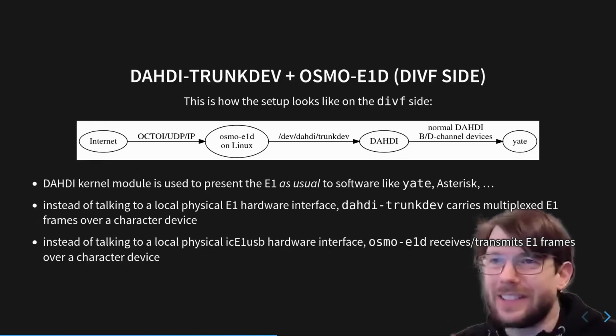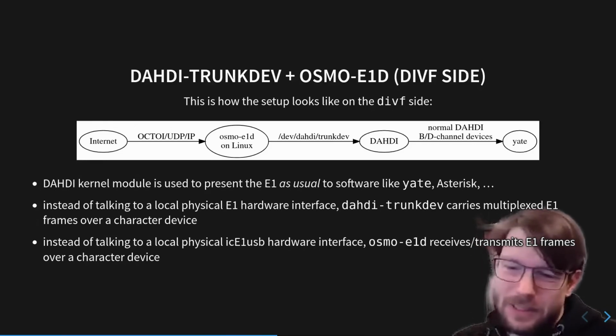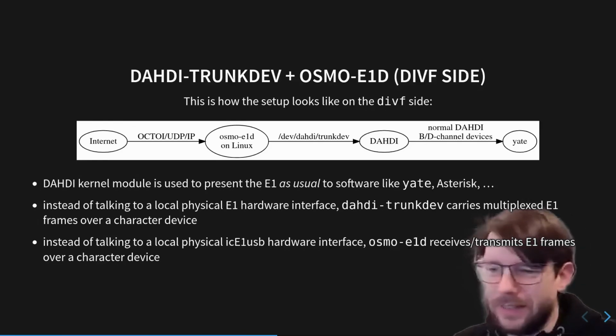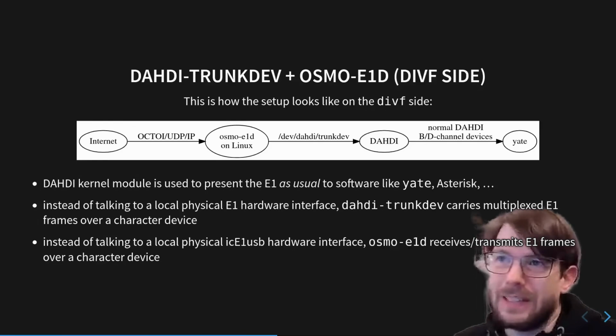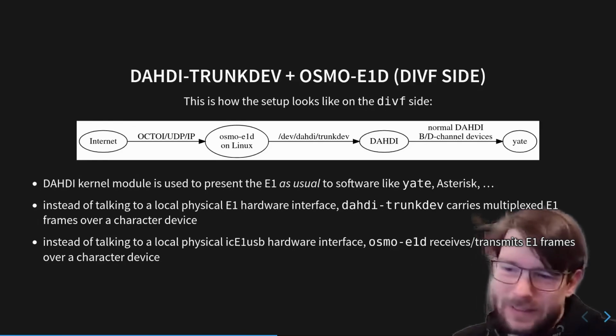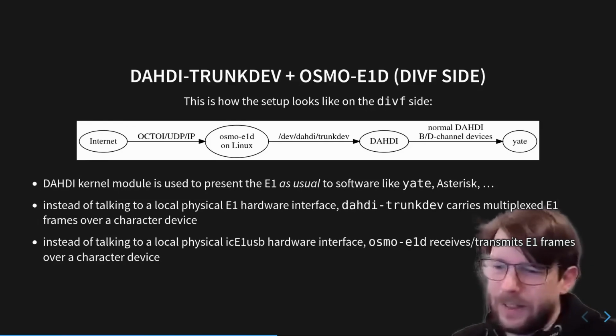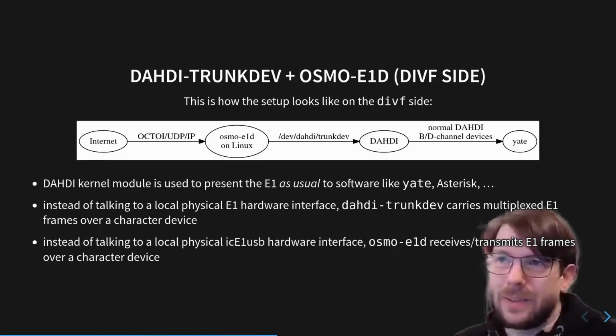I'm not sure what the acronym stands for exactly, but usually it is a layer between a physical line interface card that could be PSTN, that could be ISDN, basic rate, primary rate, any kind of telephony circuits. So between some physical hardware that attaches to a line and software such as Asterisk or FreeSwitch or Yate or some Osmocom software or whatever you want. So it's just an abstraction of hardware interfaces.